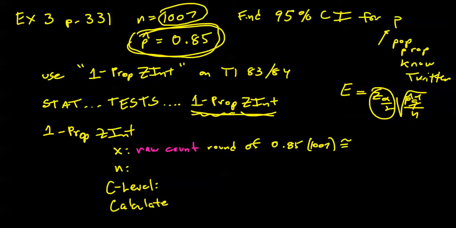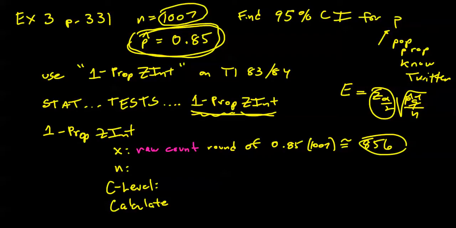The calculator input for this command has to be an integer, a raw count, right? I grind that out, and the round of that product is going to be 856. So that represents the 85%, or the 0.85 proportion of my sample that recognizes Twitter.